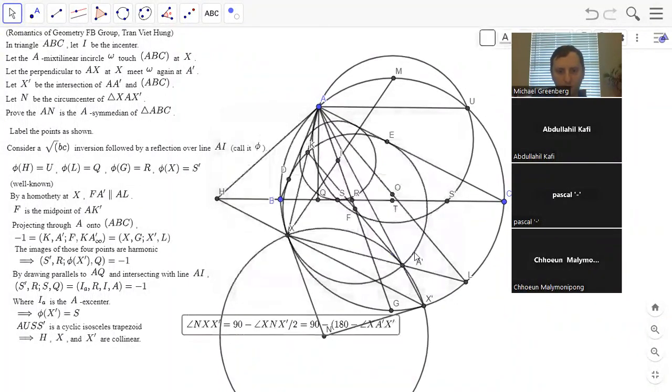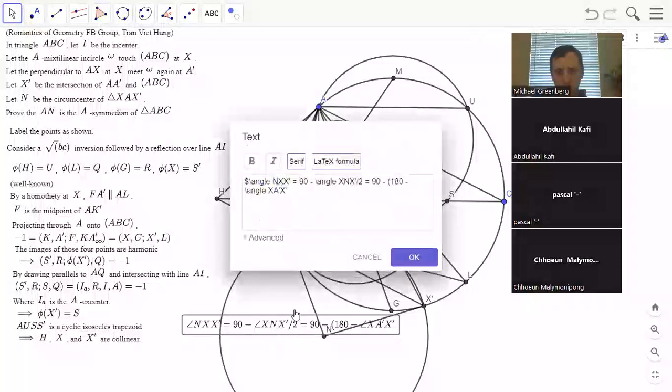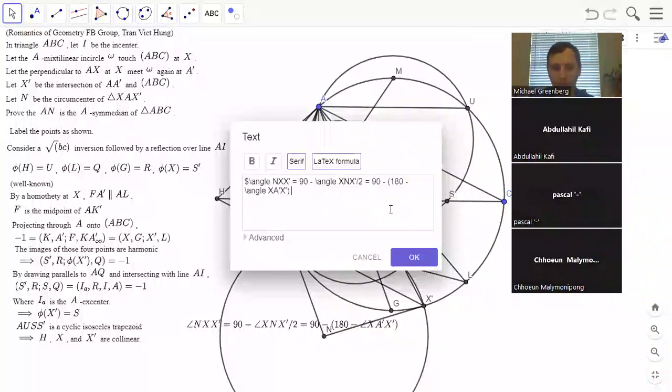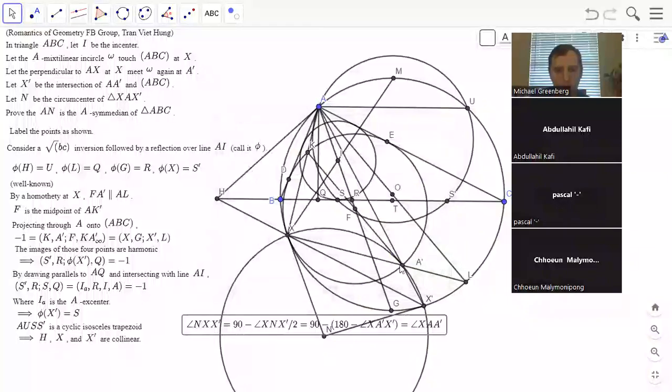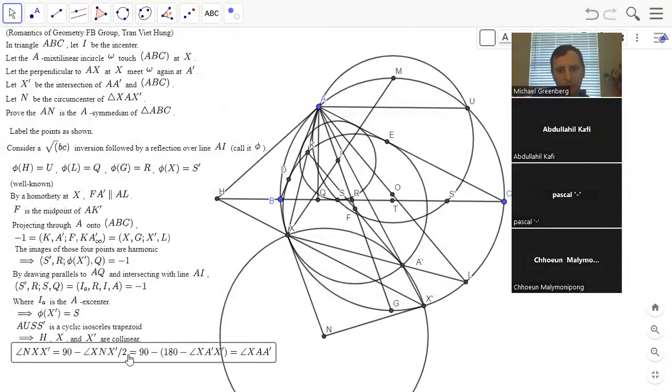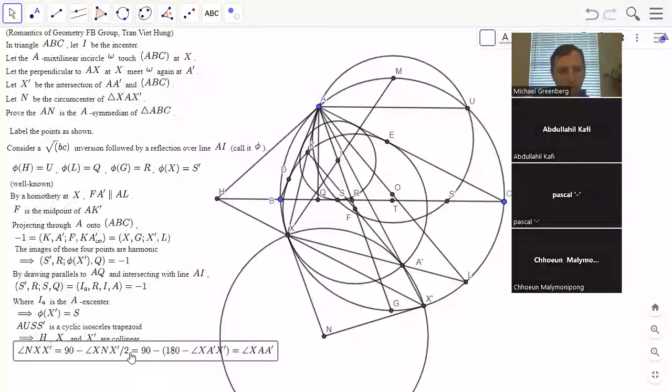And then from there, it's probably easy to see that that is just angle XAA'. So this implies that NX and NX' are both tangent to ABC.